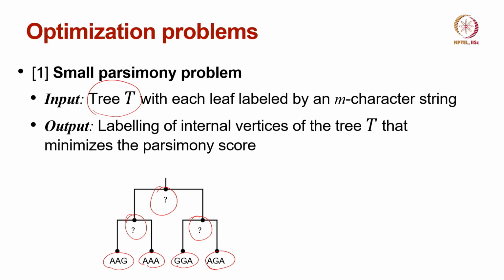Here we are already given the tree topology, so we know what the tree structure looks like. All we are looking for is the labels of the internal vertices. We have to figure out what the characters should be on these internal nodes that would allow us to complete this tree reconstruction. So, this is the small parsimony problem.